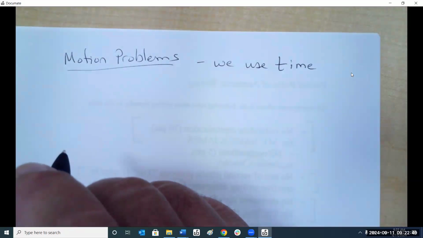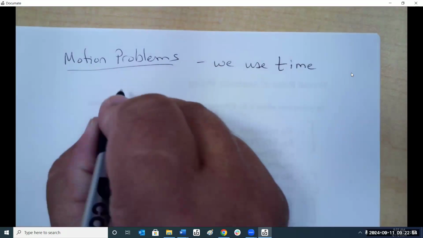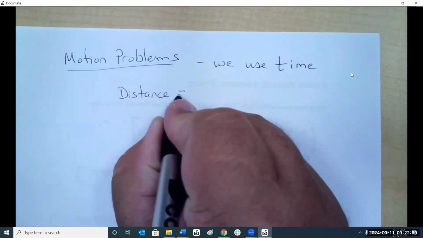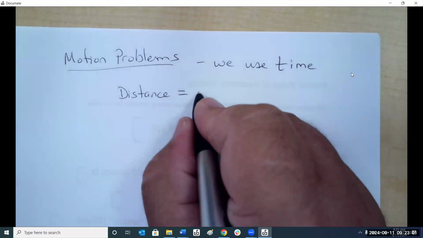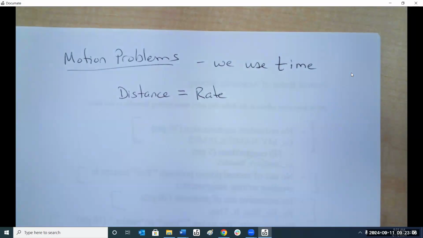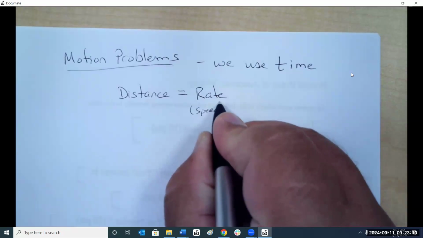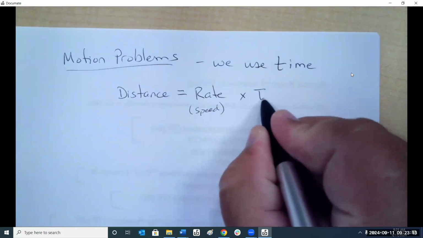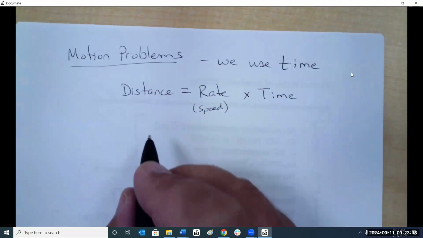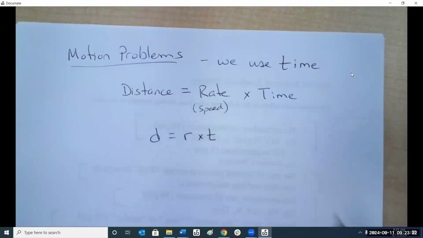Motion problems are defined how far something moves from point A to point B. So that's the distance. The formula for distance is the rate, the speed of this object, times time, how long it's been traveling. So distance equals rate times time.